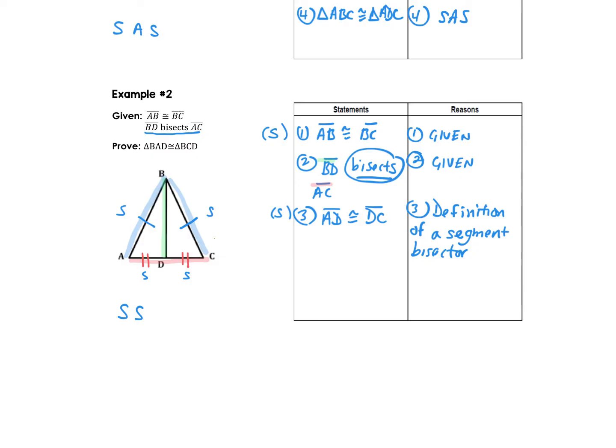But notice that our two triangles share that middle line segment. So what we're going to do next is say that line segment BD is congruent to itself by the reflexive property. And you're going to notice that this happens quite often when triangles are back to back. We're going to use that reflexive property a lot.